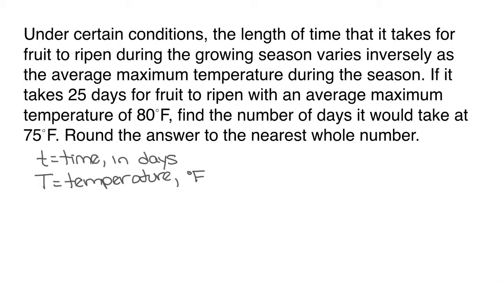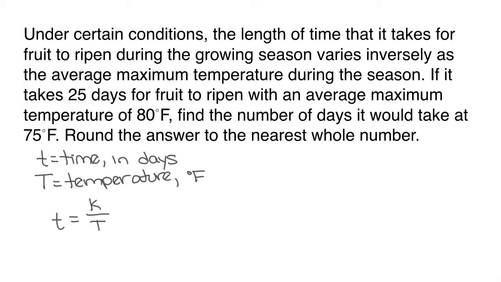We're told that the variation is inverse variation and that the time varies inversely as the maximum temperature. And so we have lowercase t is equal to k over capital T.